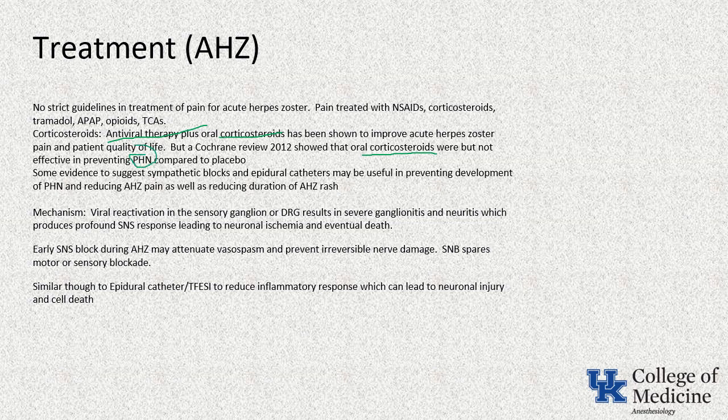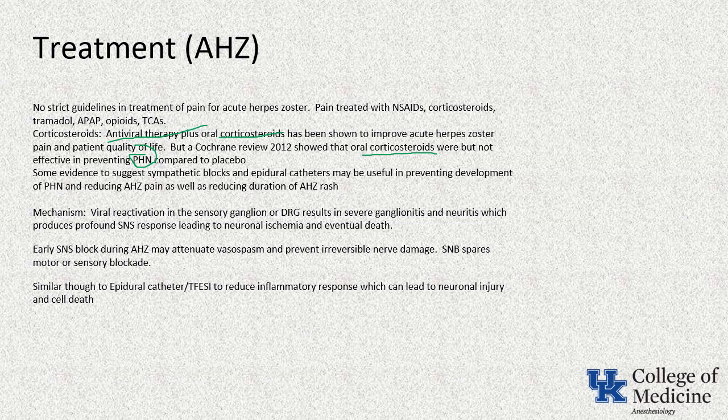There's some evidence to suggest that sympathetic blocks or epidural catheters can reduce and prevent the development of postherpetic neuralgia, as well as reducing acute herpes zoster pain and duration of the rash.